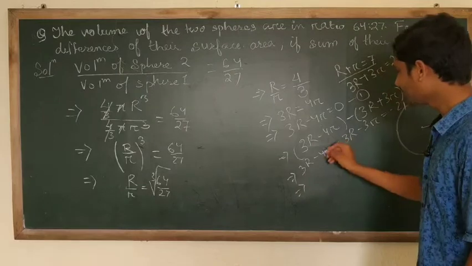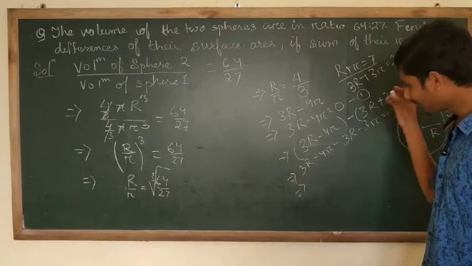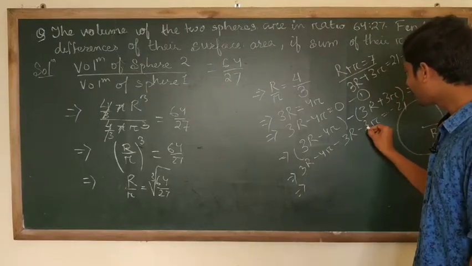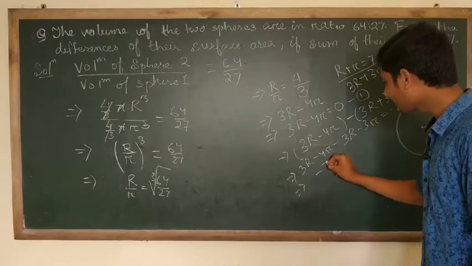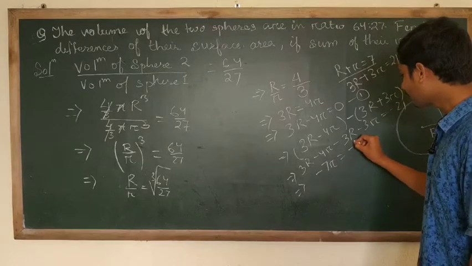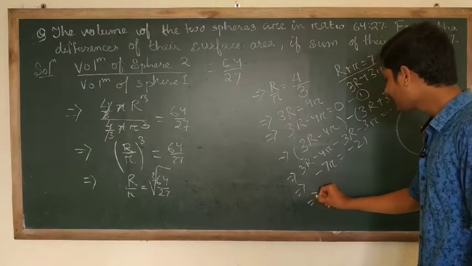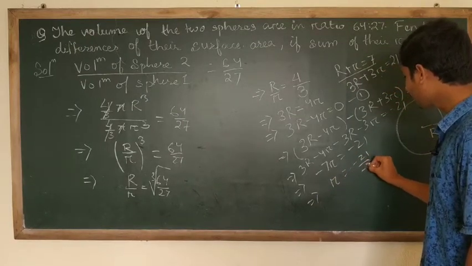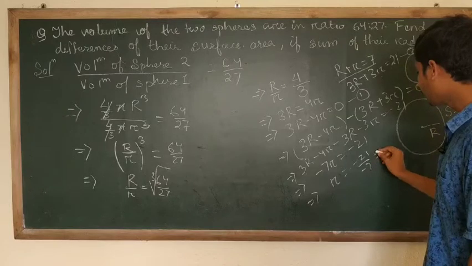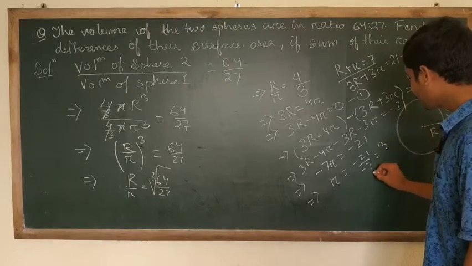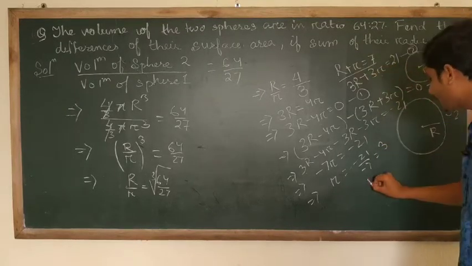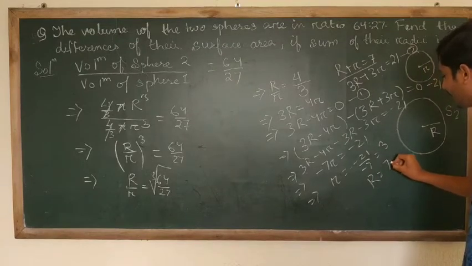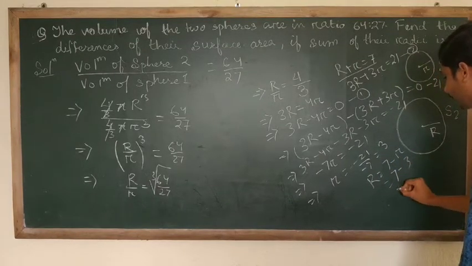This implies that 3R minus 3R gets cancelled. Minus 4r minus 3r is equal to minus 7r, which is equal to minus 21, so r is equal to minus 21 by minus 7, which equals 3. Similarly, R will be 7 minus small r, which is 7 minus 3 equal to 4.